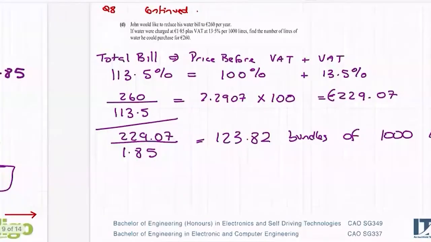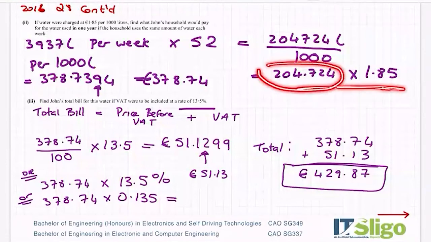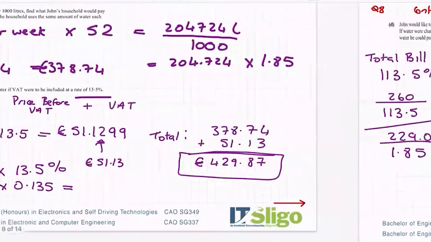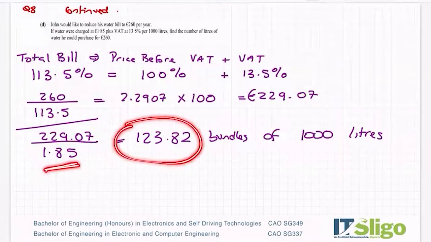If I can go back, remember what we did here. We multiplied by 1.85 when we had how many bundles of 1,000 litres we had. We're going backwards through the question. So that's why here I'm dividing by 1.85, because I've already multiplied the number of bundles by 1.85 to give me this price before VAT.